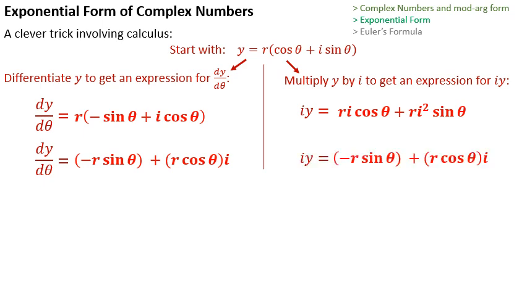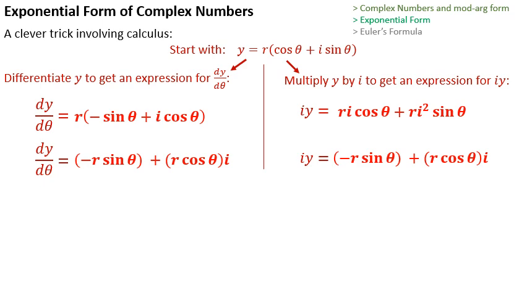So multiplying by i somehow gives exactly the same result as differentiating. And remember, this is for any r and any theta. It's not just a fluke for a particular complex number. Any complex number you like, the derivative of that with respect to the argument is equivalent to i multiplied by the complex number.